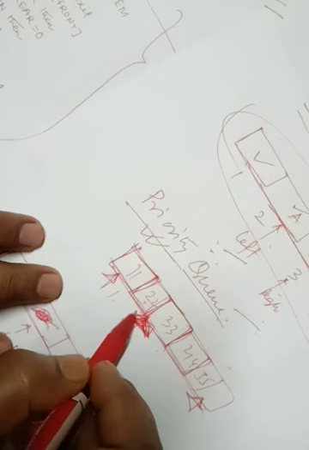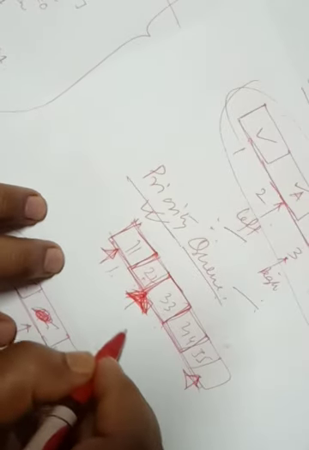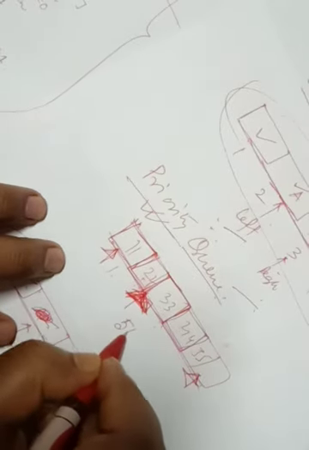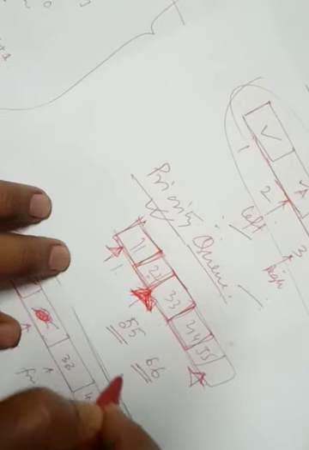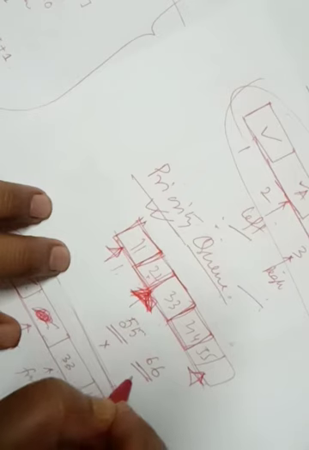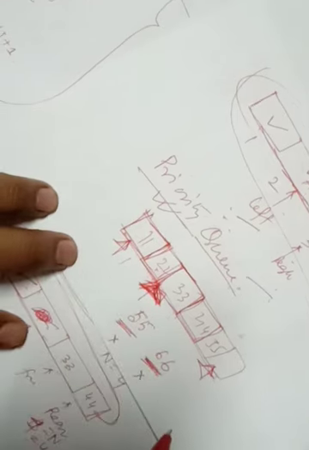Number two, elements with the same priority. Suppose we want to insert 55 and 66 and both items have the same priority, say x is the priority value of 55 and x is also the priority value of 66.